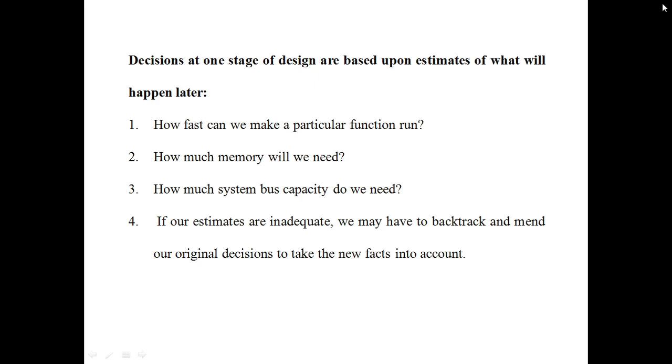Then second, how much memory will we need. The main thing is the memory function. The third one is, how much system bus capacity do we need. Then the fourth one is, if our estimates are inadequate, then we may have to backtrack and amend our original decision to take a few new facts into account.